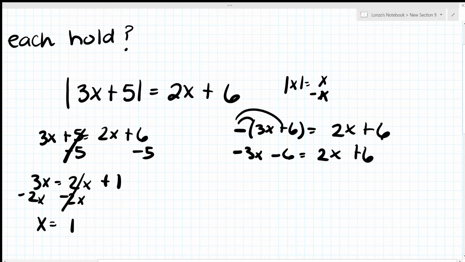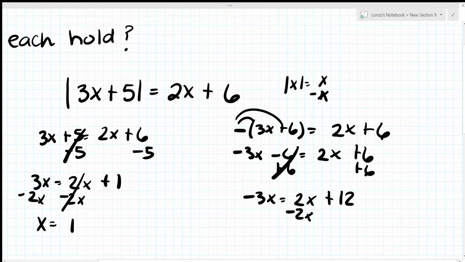What to do? Let's move this 6 to the right. So that negative is going to add 6 to both sides. So you get negative 3x equals 2x, and then 6 plus 6 is 12. Move this 2x to the left, so I'm going to subtract 2x.